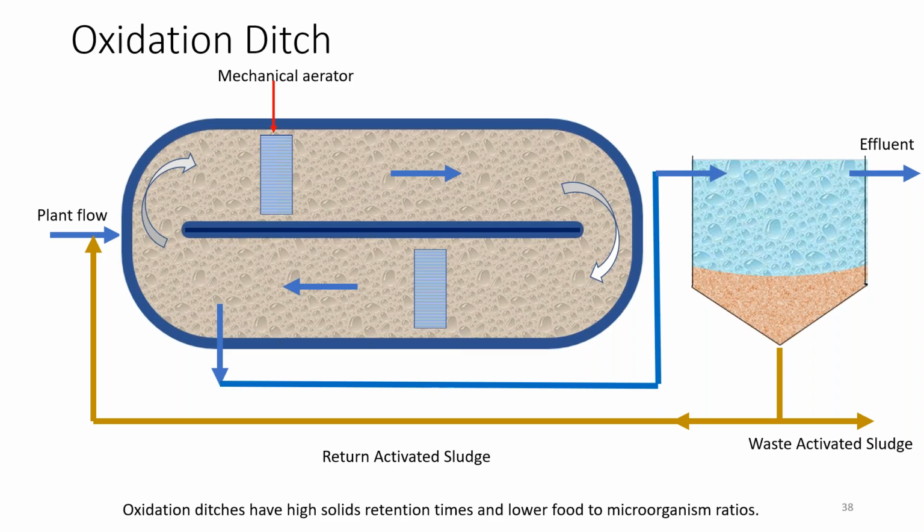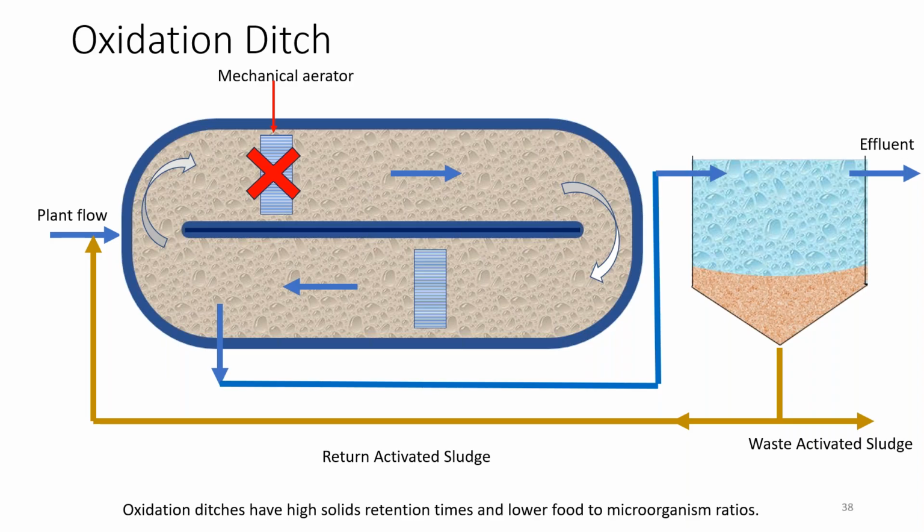Now, one of the ways that these can be easily modified to denitrify, we already have aeration, so we're removing BOD and TSS, and we're also oxidizing ammonia to nitrate. So we're already doing that in this. But if we wanted to denitrify, we need an anoxic zone, and we could do that by manipulating one of the aerators.